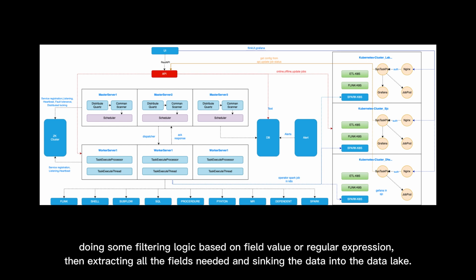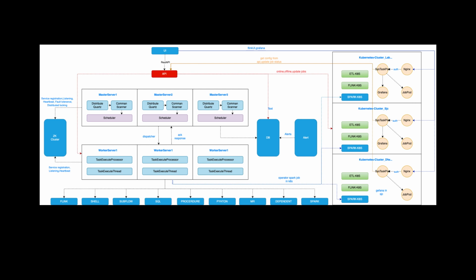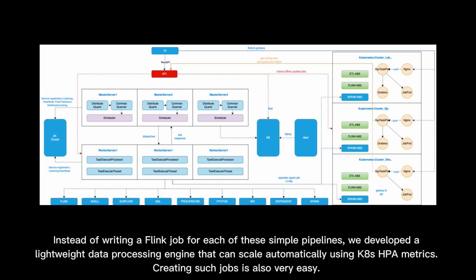Doing some filtering logic based on field value or regular expression, then extracting all the fields needed and syncing the data into the data lake. Instead of writing a Flink job for each of these simple pipelines, we developed a lightweight data processing engine that can scale automatically using K8s HPA metrics.